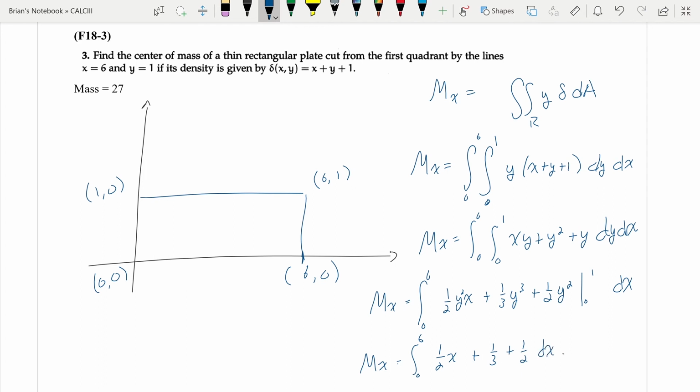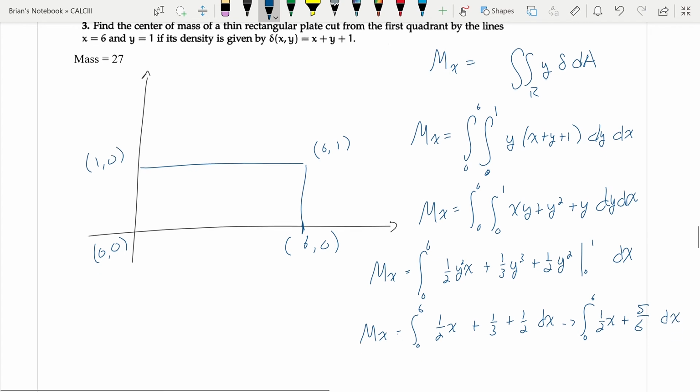We can combine those terms a little bit, so we'll have the integral from 0 to 6 of 1/2 x plus 1/2 plus 1/3. We'd have to do a common denominator of 1/6. So it would be 2 over 6 plus 3 over 6, which would be 5 over 6. And then we'll have dx.